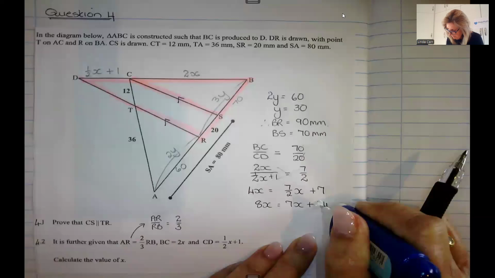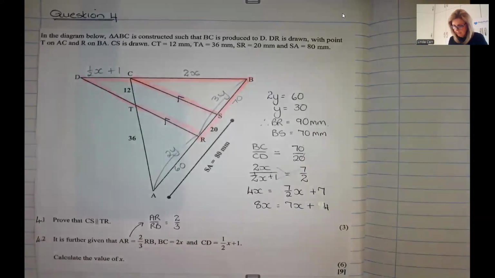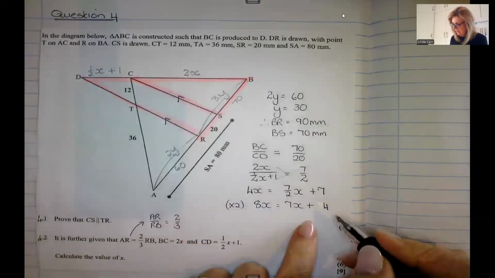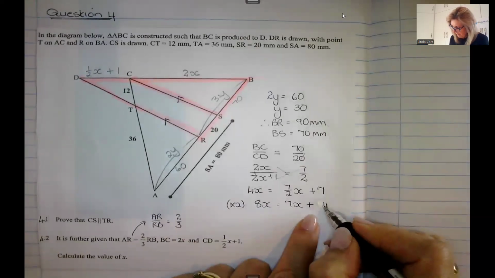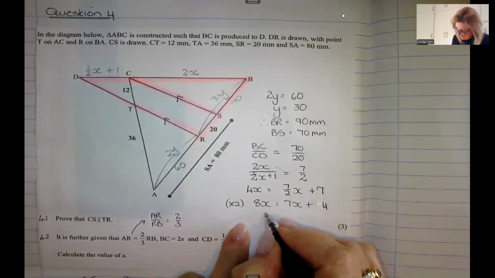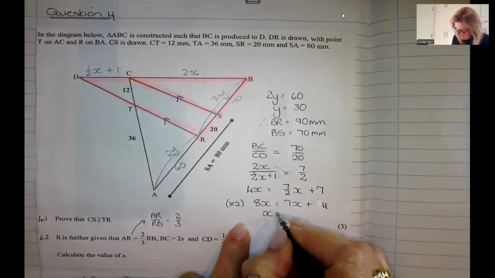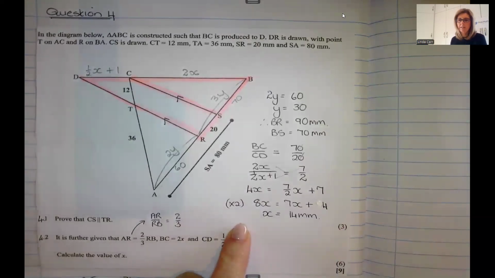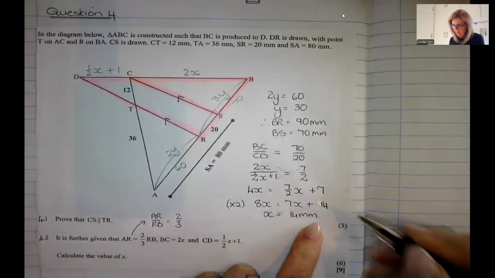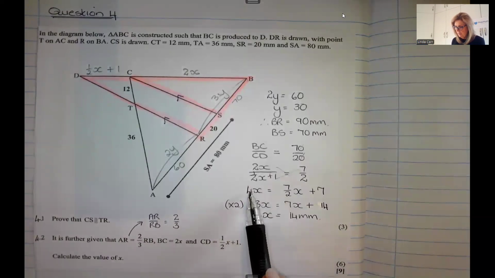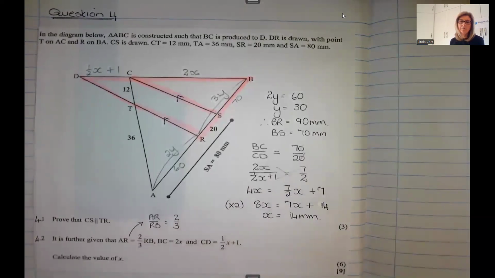How did I do that? I multiplied everything by 2. If I just wrote times 2 in brackets, I wouldn't know where the 14 came from. So now 8x minus 7x is x, which is equal to 14 millimeters. Let me just fix that. I don't like working with fractions, so double, double, and double. Okay, and there we are, 6 marks.